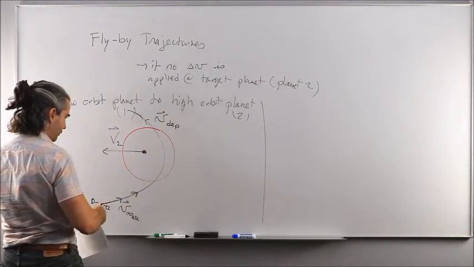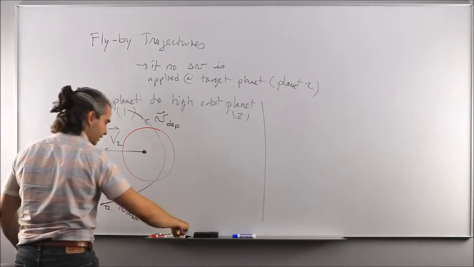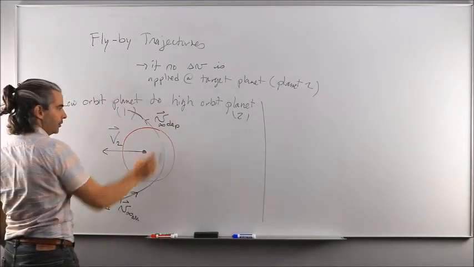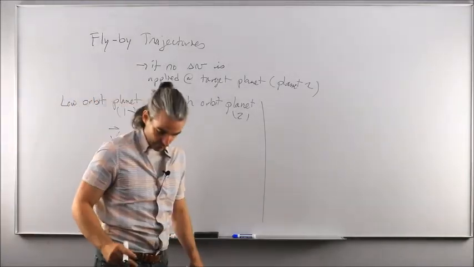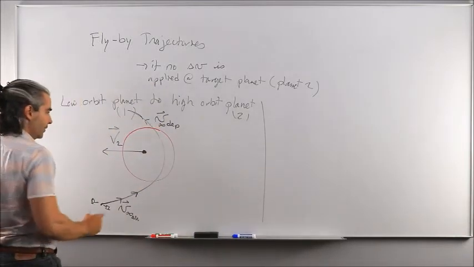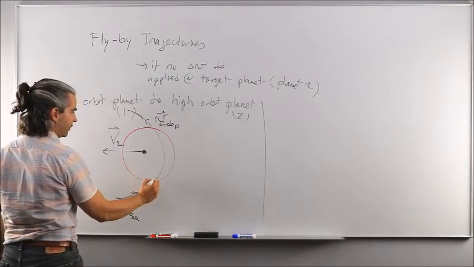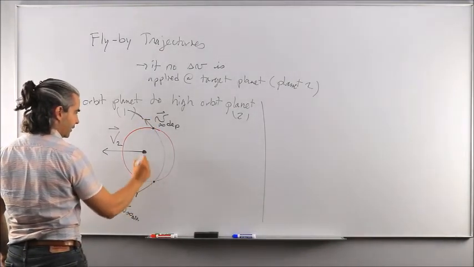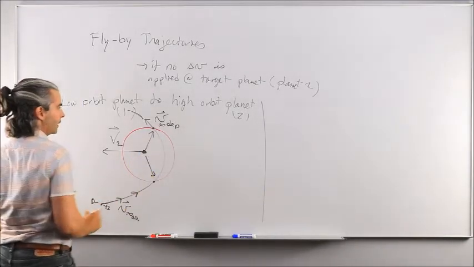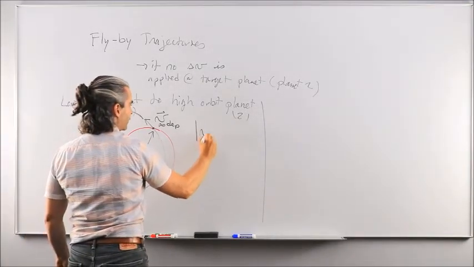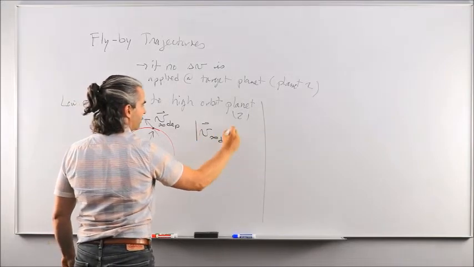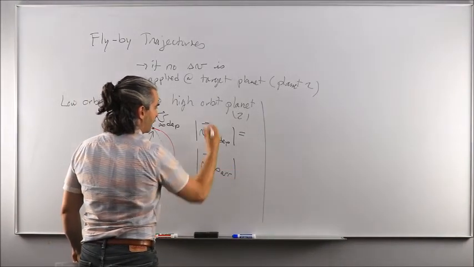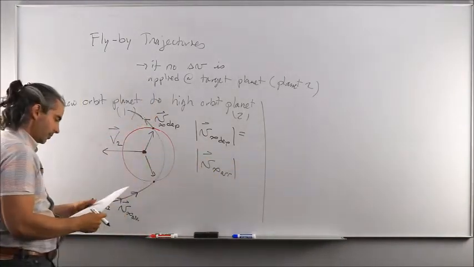Okay, so you enter the sphere of influence with V infinity arrival and you exit with V infinity departure, and the magnitude of those two vectors are exactly equal to each other, okay? Because you are entering at a distance r equal infinity and you are exiting at r equal infinity 2, okay? So in terms of norm, we can say that V infinity departure is equal to V infinity arrival, those two being with respect to the planet's perspective.